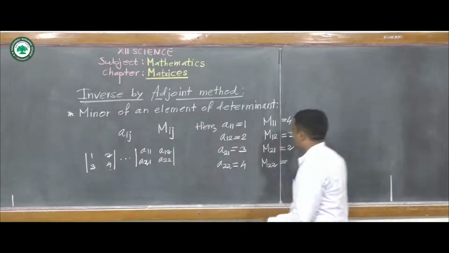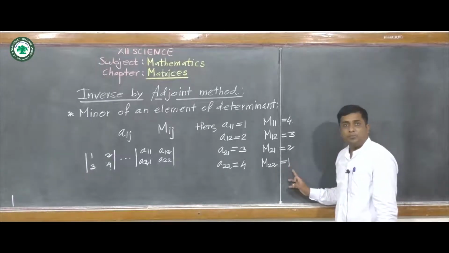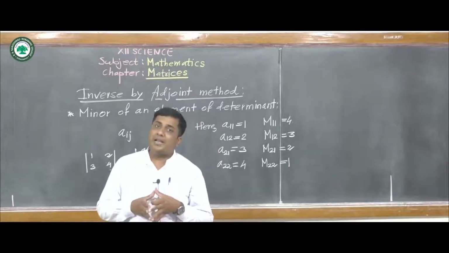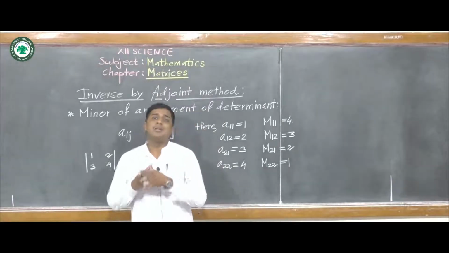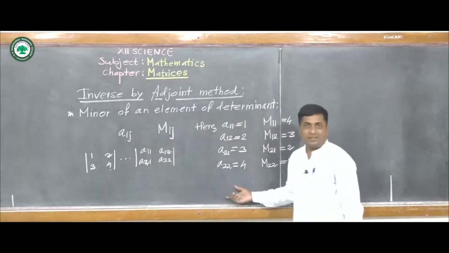So we delete the second row and second column. Only 1 remains. So M22 is equal to 1. By using this concept, we find the minor of each element of a determinant. So remember this.